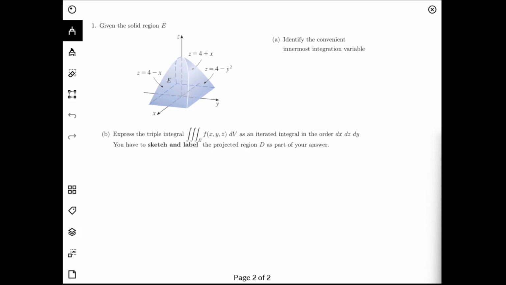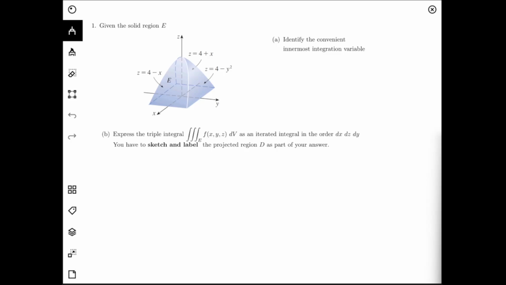All right. Let's see the next one. Identify the convenient innermost integration. Again, we want to be doing this in a direction where we're not going to end up with multiple different equations.